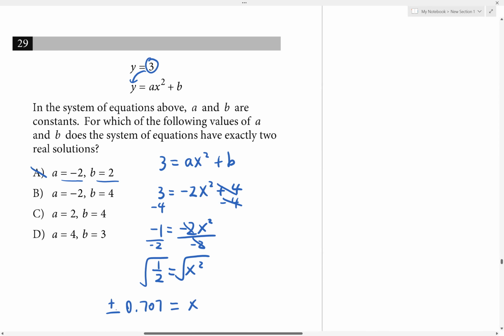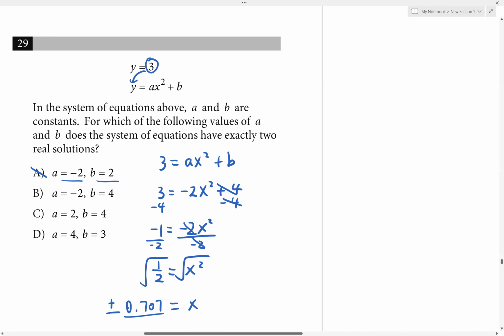So it'll be plus or minus 0.707. It's actually two solutions, because if x is negative 0.707, when we square that, it will make a positive 1/2. But nevertheless, that is a real number, so we get two real solutions.